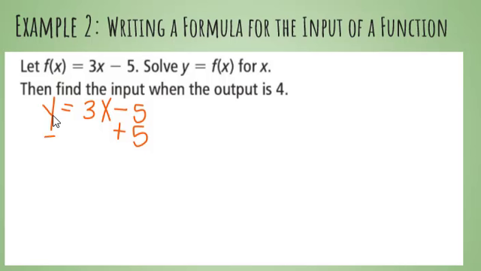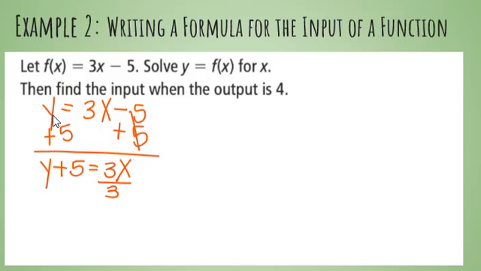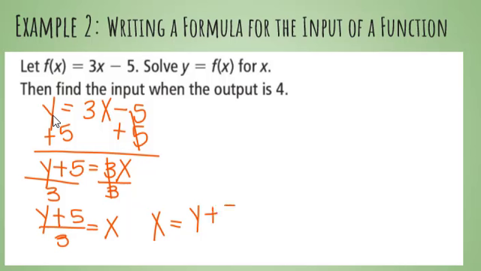We add the 5 to both sides, so y plus 5 is equal to 3x. To get x by itself, we divide both sides by 3, so (y plus 5) over 3 is equal to x. I'm going to rewrite it in x equals form: x equals (y plus 5) over 3. So this is the first answer.